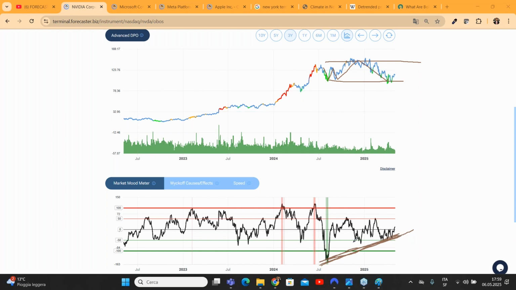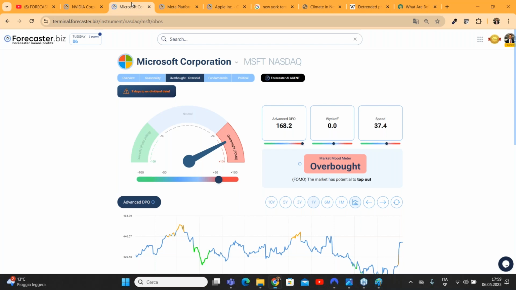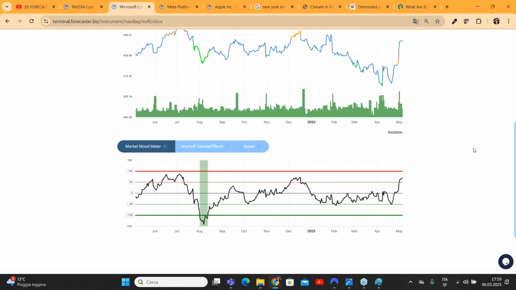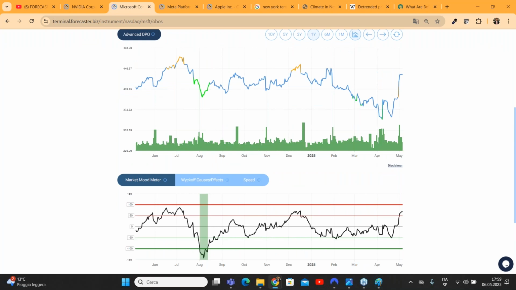Look, you have what we call a very strong divergence in this case. It's really interesting, okay? We can go, for example, also to Microsoft, and we can definitely find the same situation here. Because look, starting from the beginning of 2025, shares of Microsoft went down, but look what happened to our indicator.